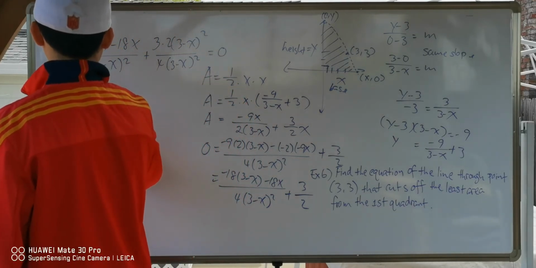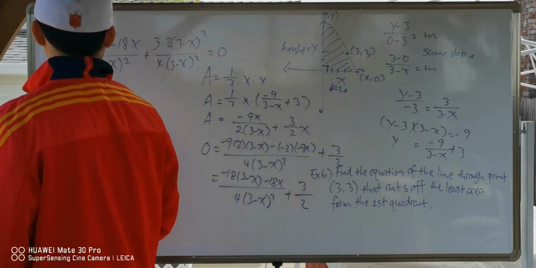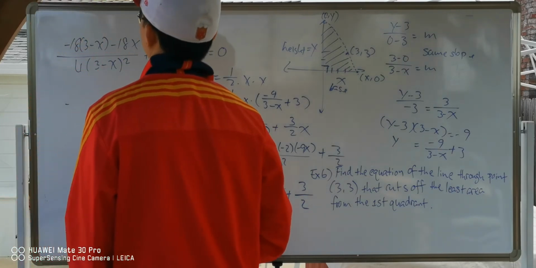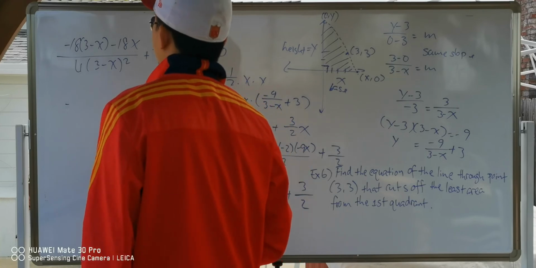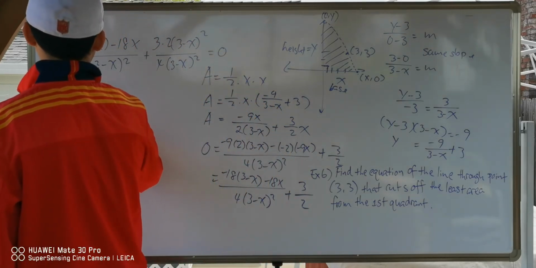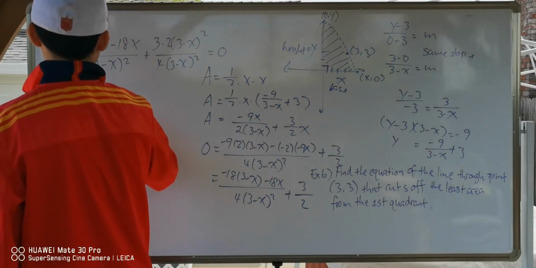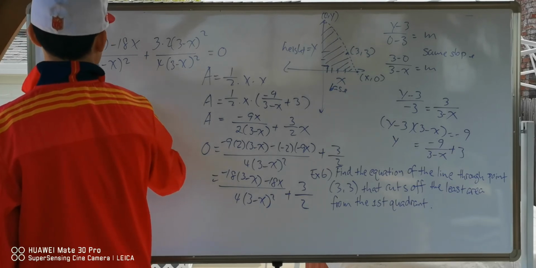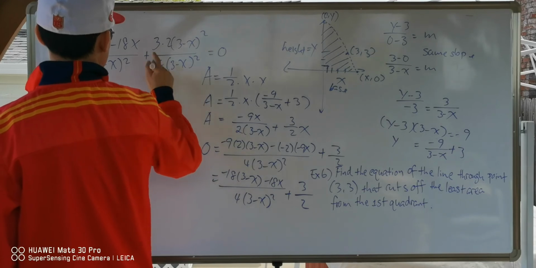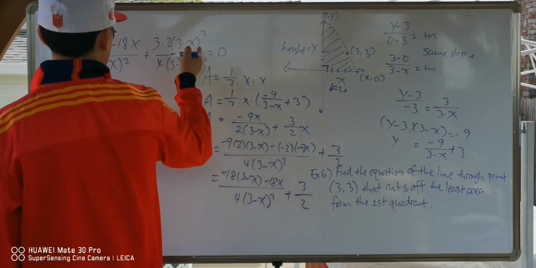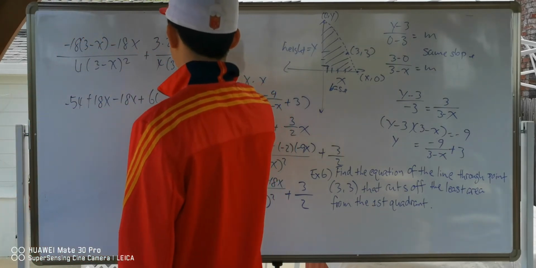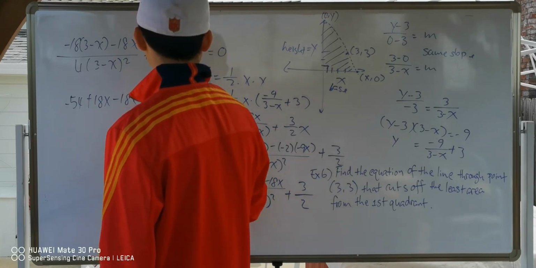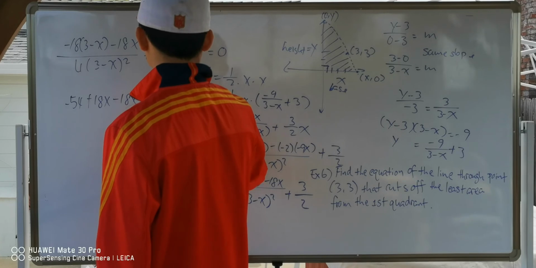So we do have negative 18 times 3, which is negative 54, minus positive 18x, and then minus 18x, plus 6 times the quantity of 3 minus x quantity squared. So expand it. We do have 9 minus 6x plus x squared.